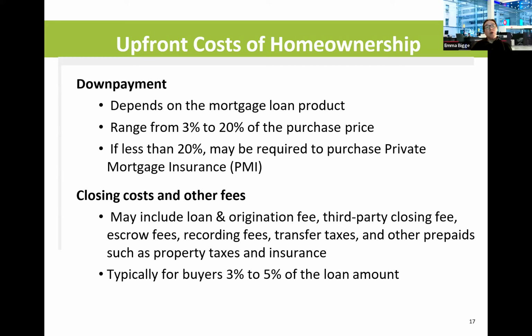For all the current loan programs, either private or government, the range for the down payment is basically from 3% up to 20%. If it's 3%, that's the Fannie Mae, Freddie Mac regular conforming loans. And for your government loan, you may put down 3.5% and then go up to 20%.